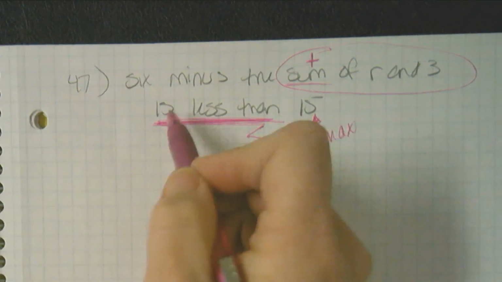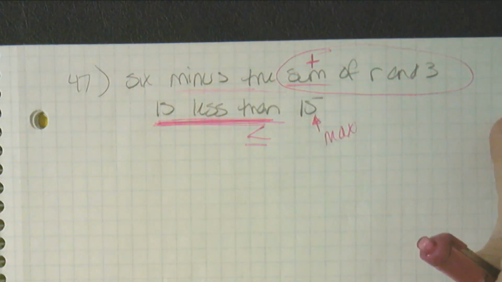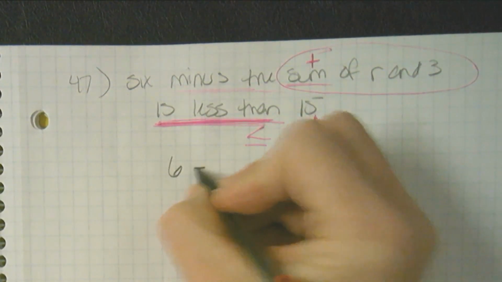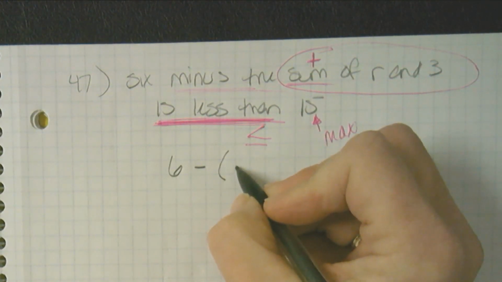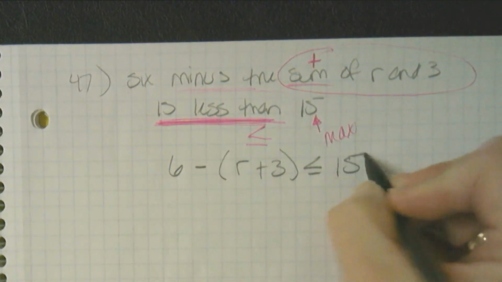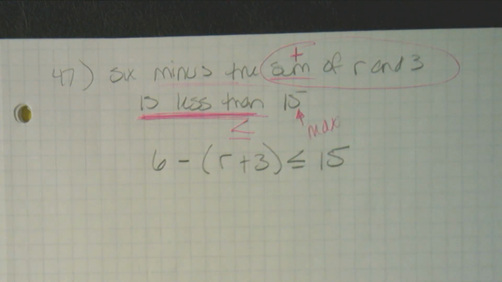All right. 6 minus this, when we use the word minus, it's literally that same order. All right, so I'm going to do 6 minus r plus 3 is less than or equal to 15. Why did I put r plus the 3 in parentheses?